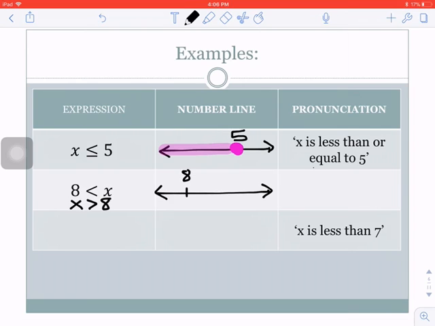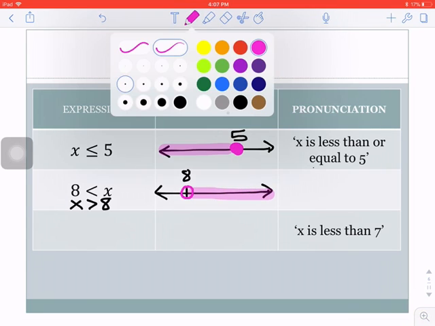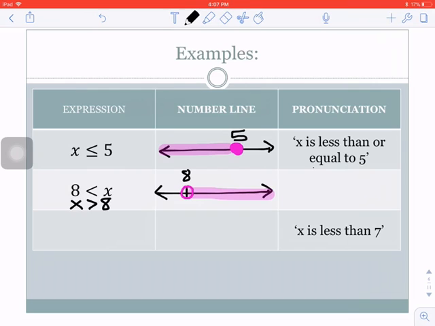And it's going to be greater than, so definitely not a filled in hole, not greater than or equal to. The point is hollow. And we're going to shade to the right because it's greater than.